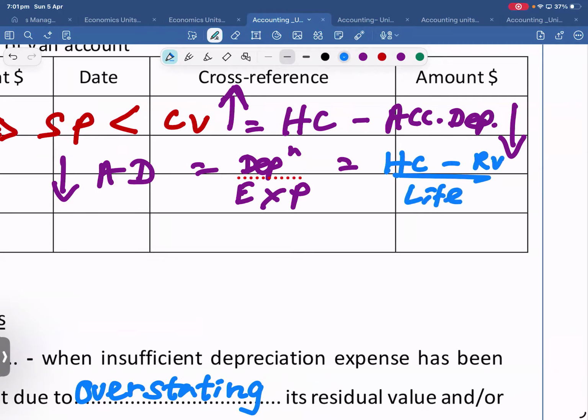Do you think we need a higher RV or a lower one? Higher, yes. If we have a higher RV, remember this is taken away, so the numerator is lower. Otherwise, life, the denominator, should be higher. If you increase them, your depreciation expense will be lower, meaning your accumulated depreciation is lower, meaning your carrying value will be higher.